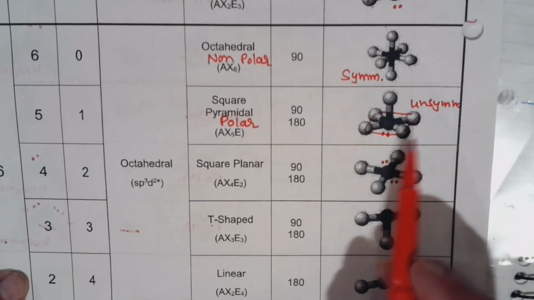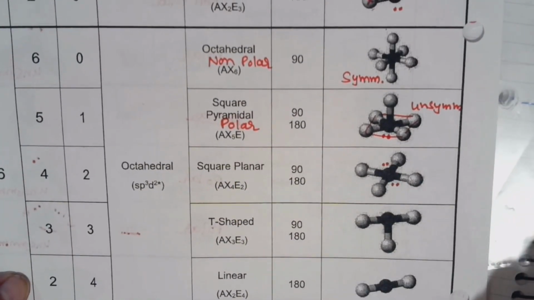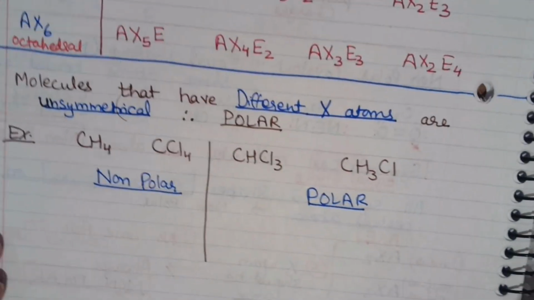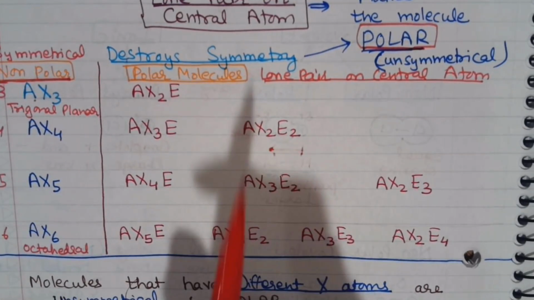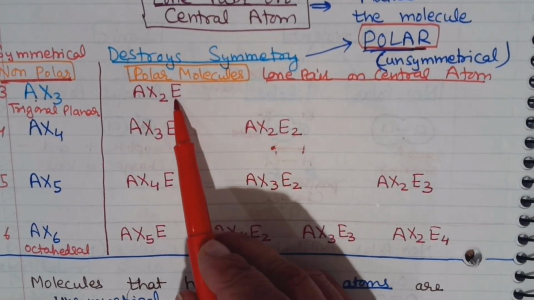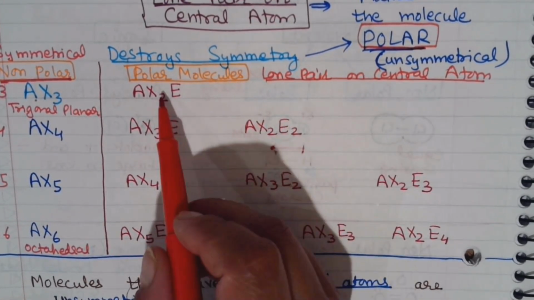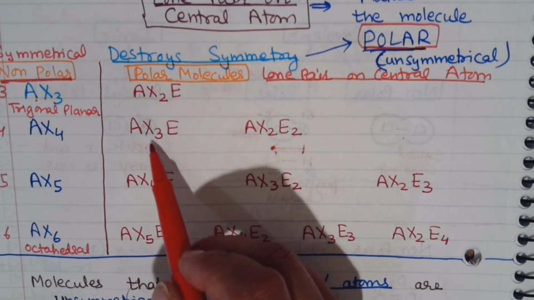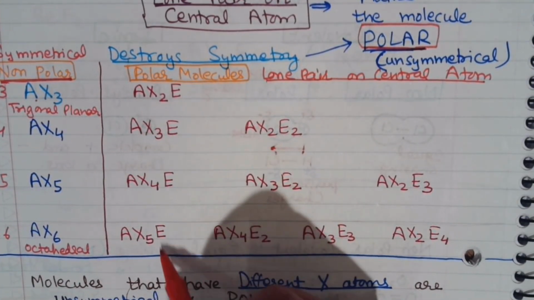So square pyramidal is polar, and then the other ones are non-polar. Okay, so let's do some other examples, right? So like I said, all these shapes that have a lone pair, they always are polar, right? And then you need to know their names.